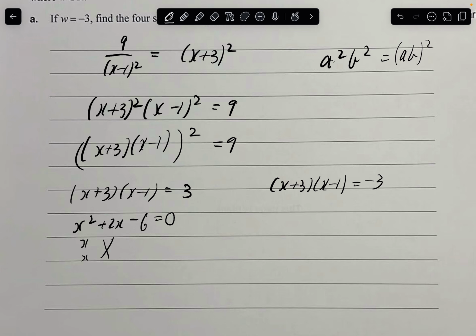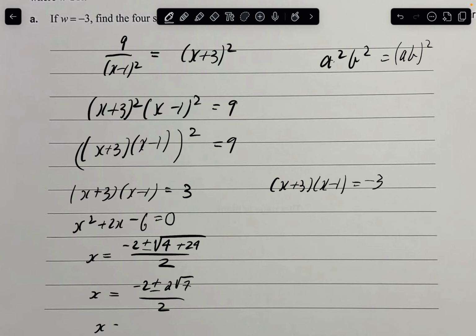So we can use the quadratic formula: x equals negative 2 plus or minus the square root of 4 plus 24, over 2, which is negative 2 plus or minus root 28. You can take out 2 root 7 over 2. X is equal to negative 1 plus or minus root 7.